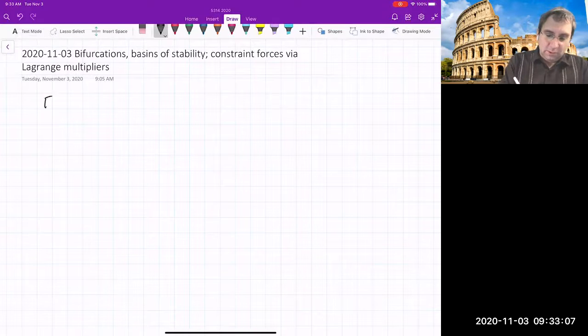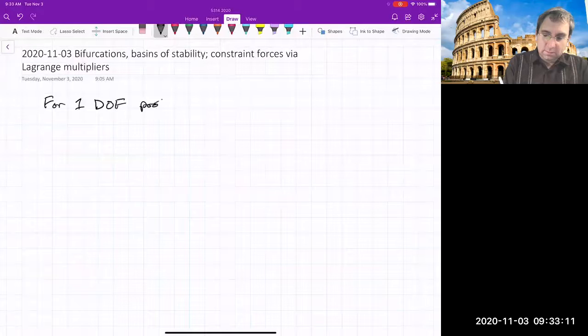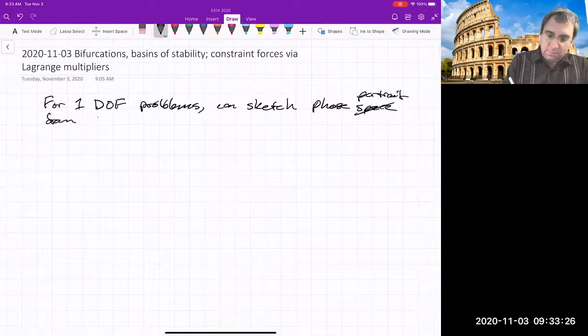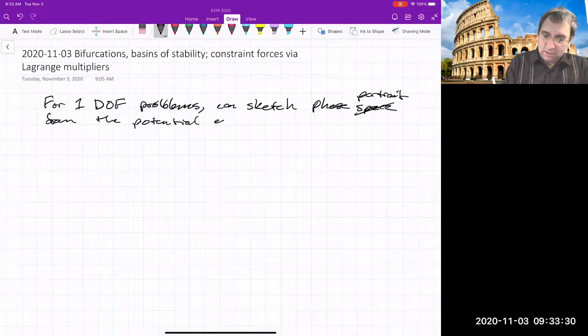So for 1 degree of freedom problems, you can sketch the phase space. I guess I mean the phase portrait, from the potential energy, or more generally, the effective potential energy.